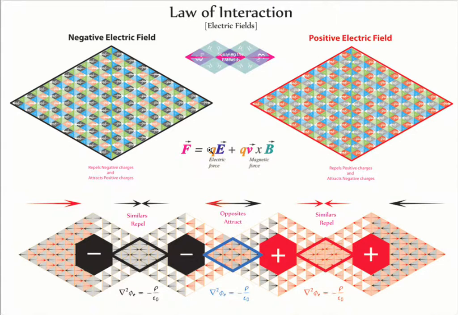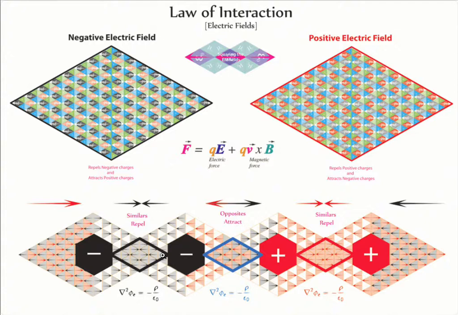And again, we can use Tetrionic equilateral geometries, where the equilateral geometry itself is alpha, to give us the law of interaction between various charges. Where we have similar charges, two positives or two negatives, the energy momenta push against each other.